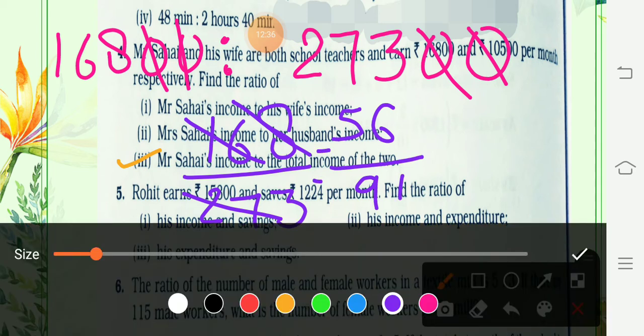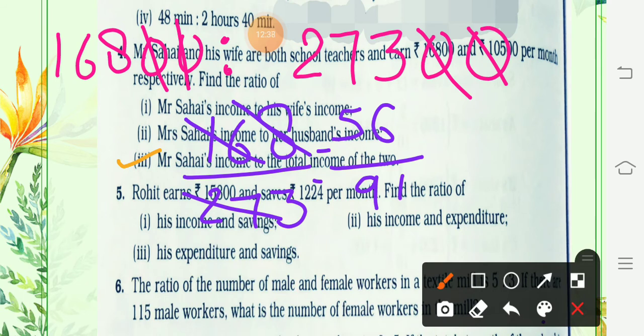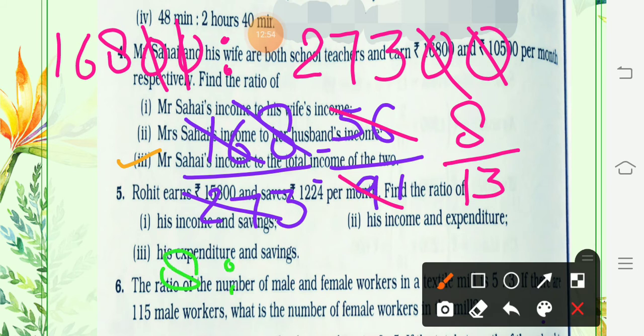Now it will be cancelled again by the number 7. 7 8s are 56. 7 1s are 7. 2 left, 21. 7 3s are 21. Okay. So the answer of this question is 8 ratio 13. So Mr. Sahai's income to the total income of the two is the ratio 8 ratio 13.